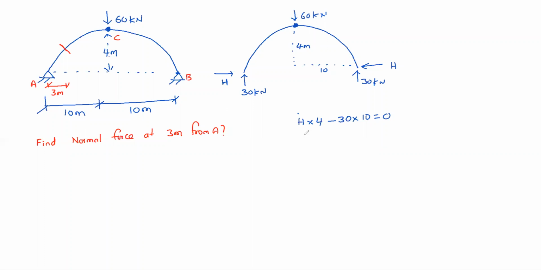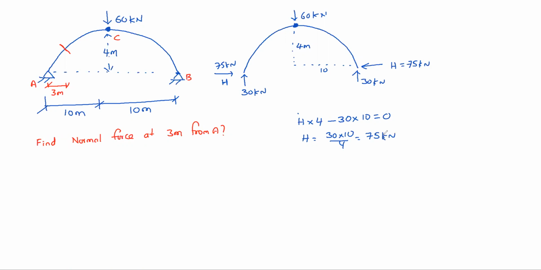Okay, so H equal to how much? 30 into 10 by 4, that equals 75 kilonewtons H. So horizontal reaction is 75 kilonewtons, that is the horizontal thrust.